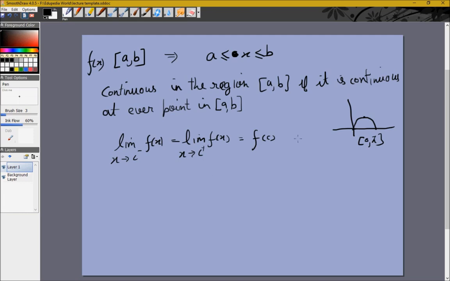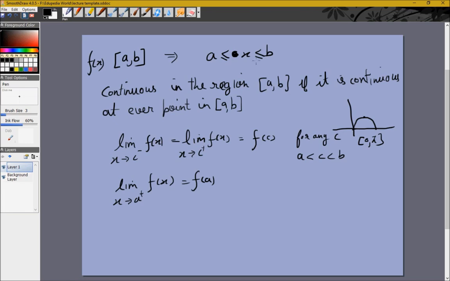So this is for any c between a and b. And for a, the condition for continuity will be limit x goes to a plus f(x) is equal to f(a). Limit x goes to a minus f(x) does not exist because f(x) has the domain between a and b, or rather we are considering f(x) between a and b.